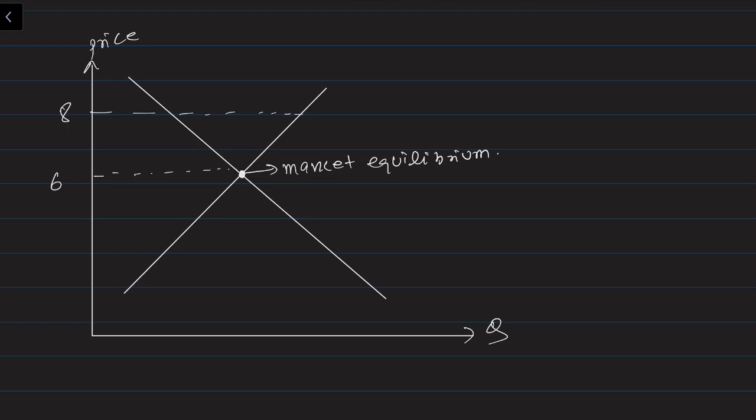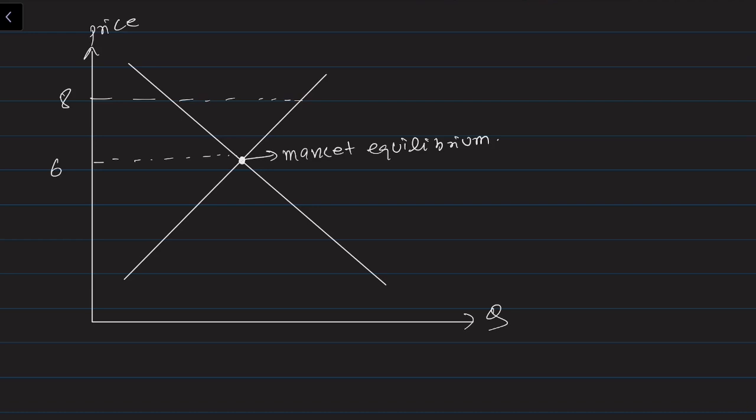So at this price, what is the quantity demanded by the buyers? The quantity demanded is given by the demand curve, right? So let's say this is 2 units, and let's say the equilibrium quantity is 3 units, and the quantity supplied is given by the supply curve.